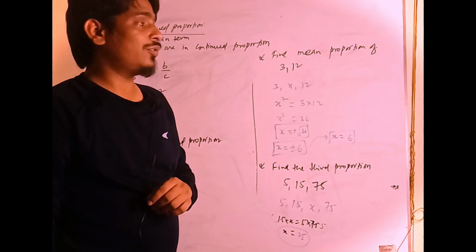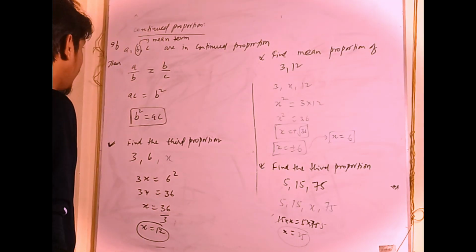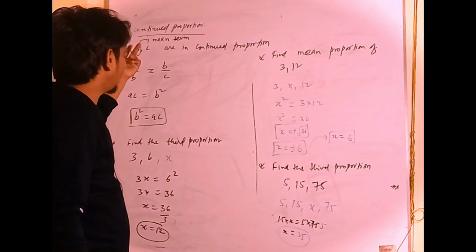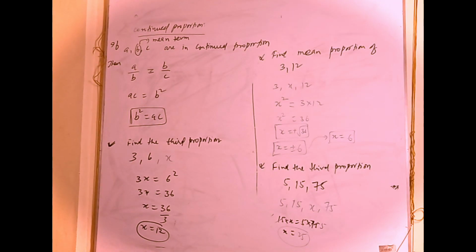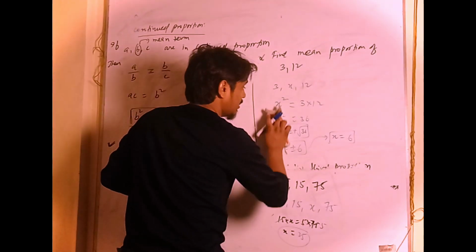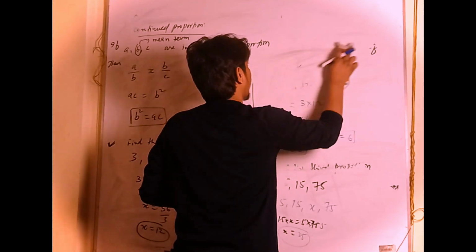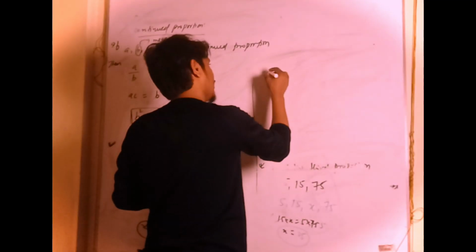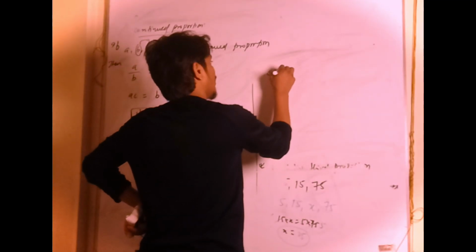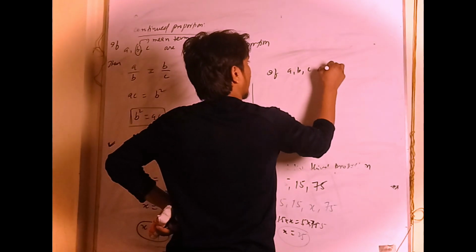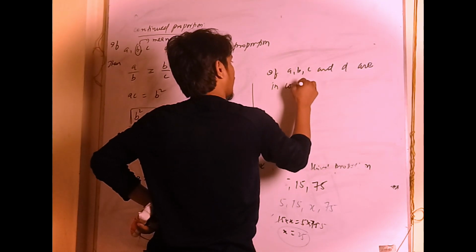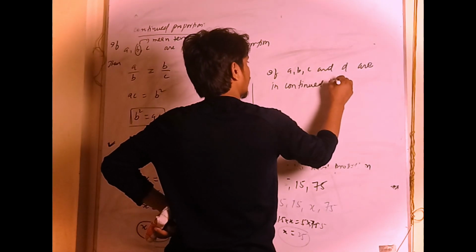Okay, so one more thing I want to discuss here. Let's say I have taken a, b, c in continued proportion. If we have 4 numbers or 5 numbers in continued proportion, how can we deal with that? So let's say a, b, c and d are in continued proportion.